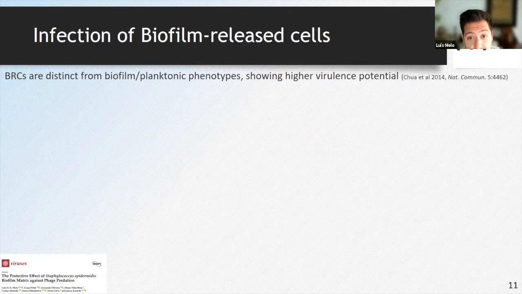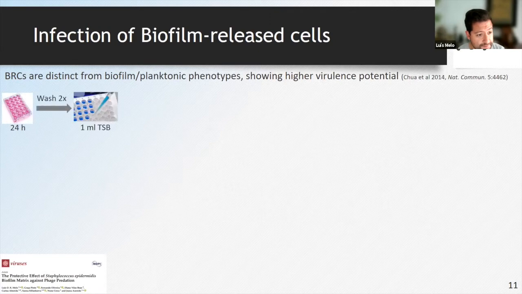Then we wanted to see if other biofilm populations could also be impairing the phage efficacy on biofilms. So we tested the phage on biofilm released cells. These cells are the cells that are on the biofilm and are released to the planktonic part, and they were described as having a higher virulence potential than planktonic phenotypes.